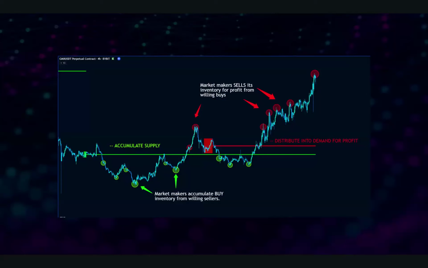And with Indicator X, these value lines show you exactly where on the chart. It's the fine line, guys. This value line is the fine line between discounted prices where you can actually accumulate and areas above the value line where you can distribute for profit.